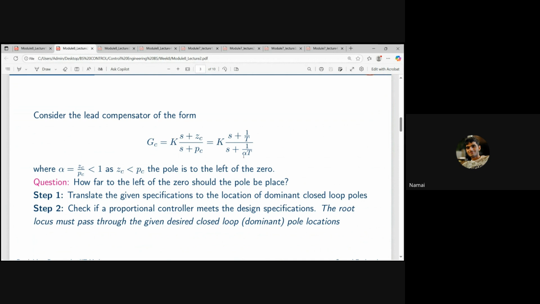If we divide each term by ZC, then it should be, I mean, one second. Let me just see once. So PC by ZC. PC should be much, much higher than ZC.